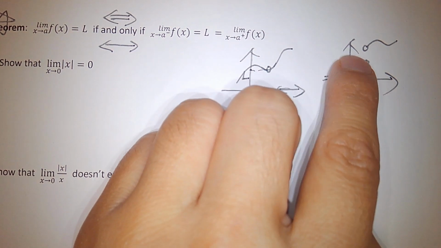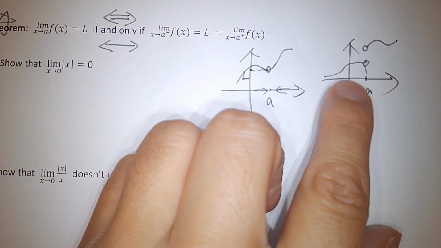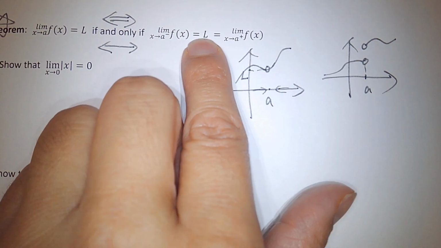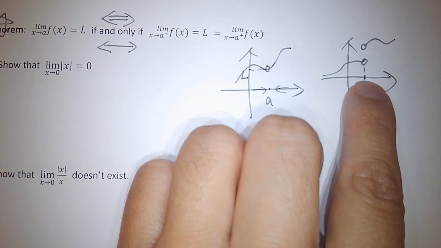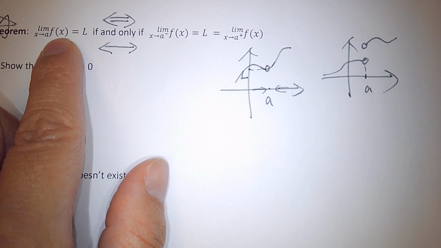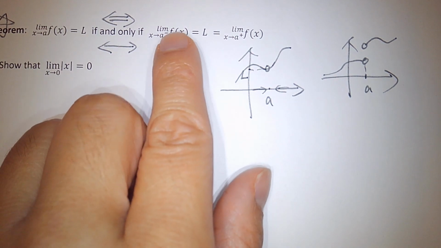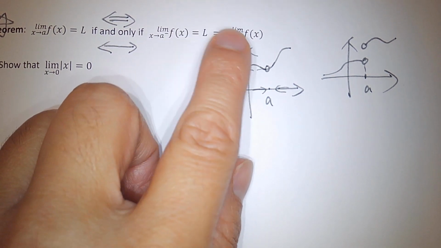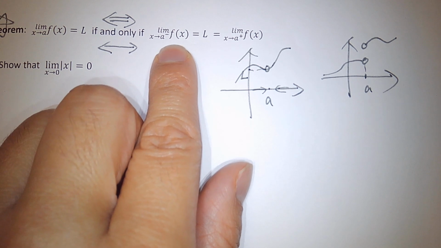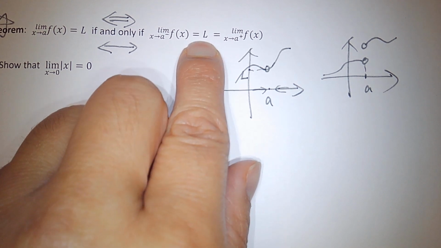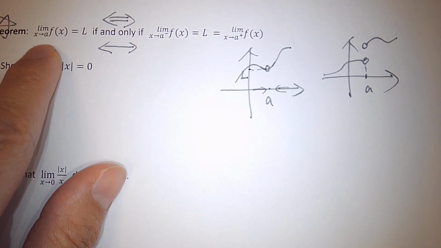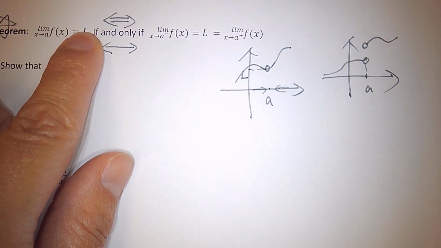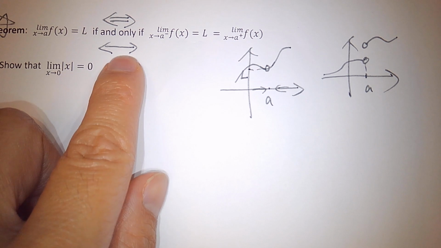Even if both exist, but they're not equal to the same value L, we cannot say that the limit as x approaches a from both sides exists. Only when both one-sided limits exist and equal the same value L does the whole limit exist and equal L. Reverse it, same thing.